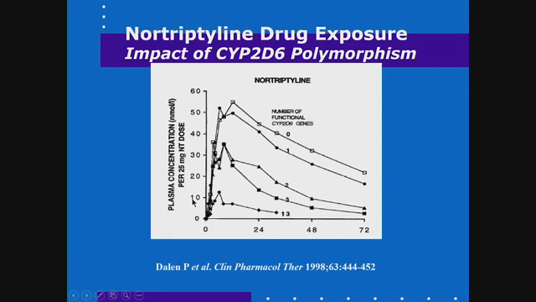And then we see the impact of the number of functional genes for CYP2D6. The first curve on top indicates a higher exposure for an individual that does not express CYP2D6 and actually, by definition, is a very slow metabolizer of this drug. And then the progressively smaller area under the curve with increasing numbers of CYP2D6 functional genes.